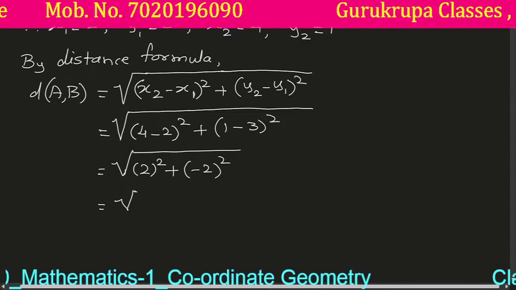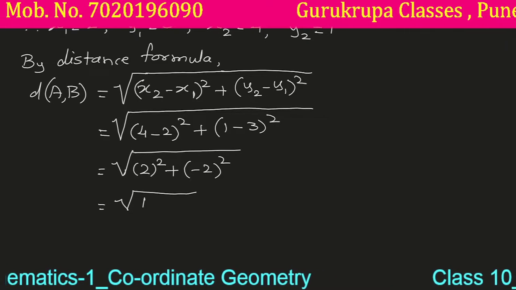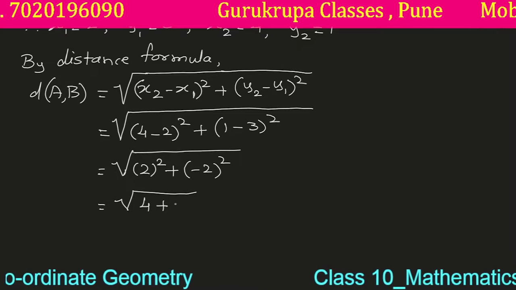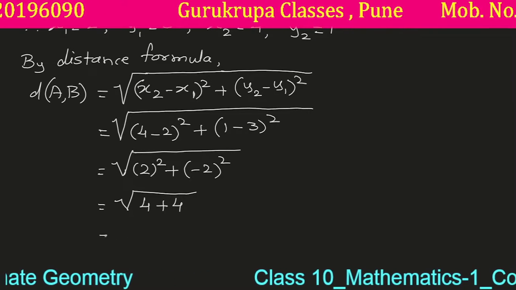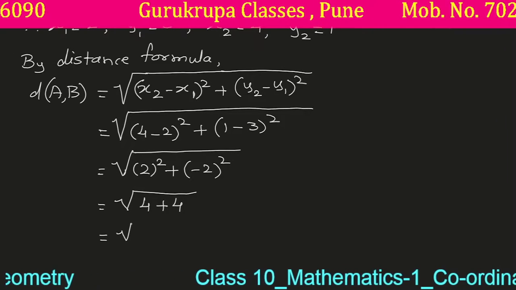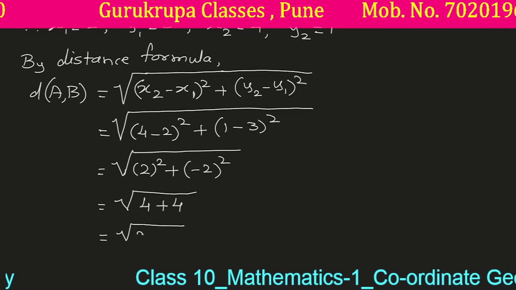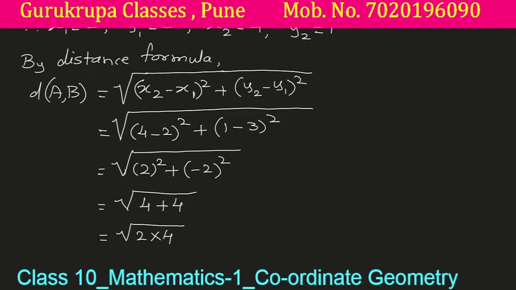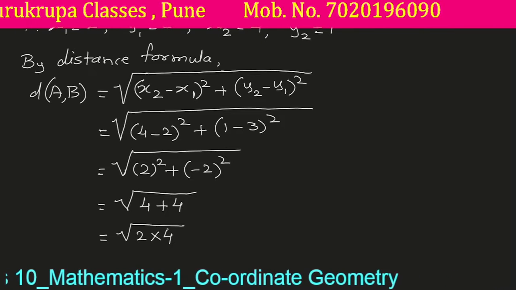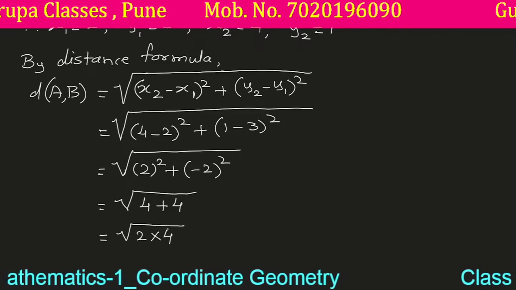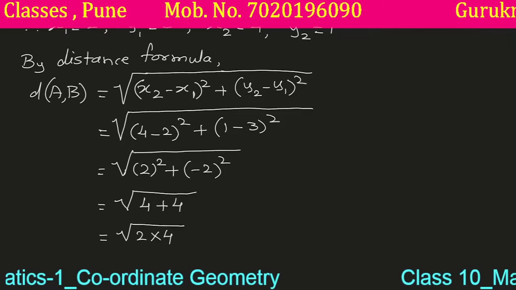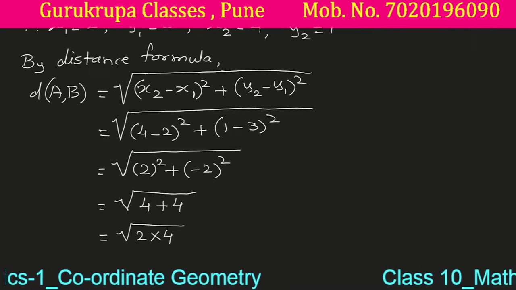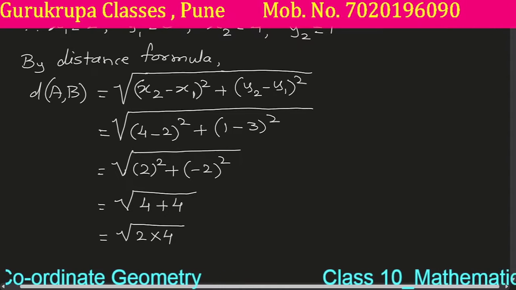So here under square root, 2 square is 4. And again we have minus 2 square is also 4. So here we have 2 times 4. So we can write down 2 into 4.